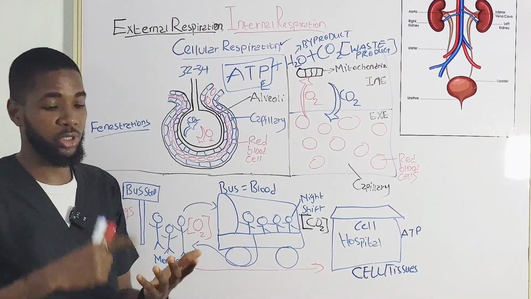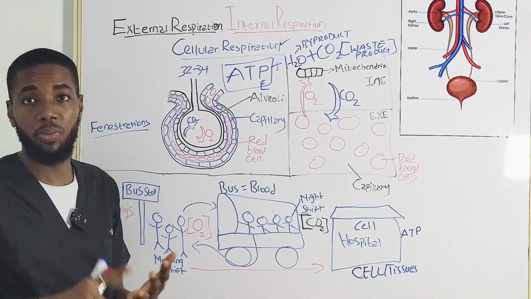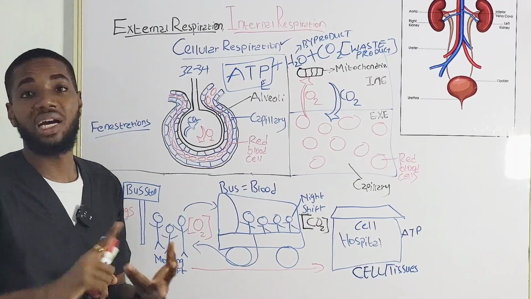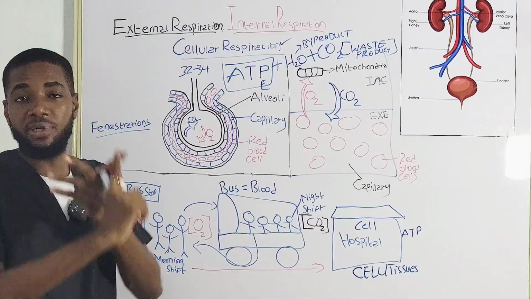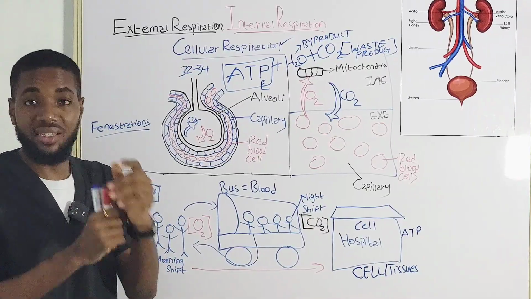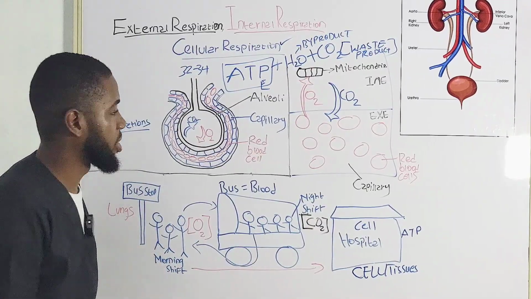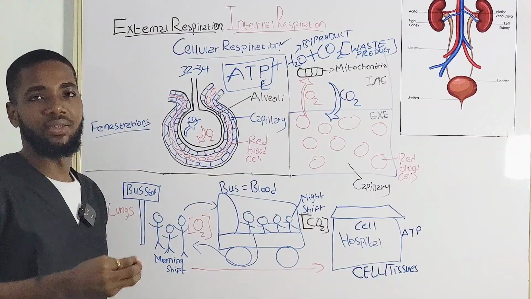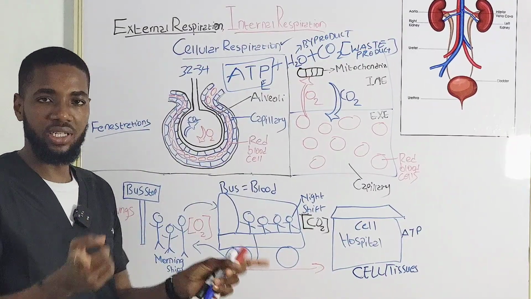And this is happening around your body. Your brain cells, your muscle tissues, your cardiac tissues, every single part of your body that has a cell. If every part of your body has a cell, so what am I saying? You're made up of cells. So that is where that exchange is going on, internal respiration.